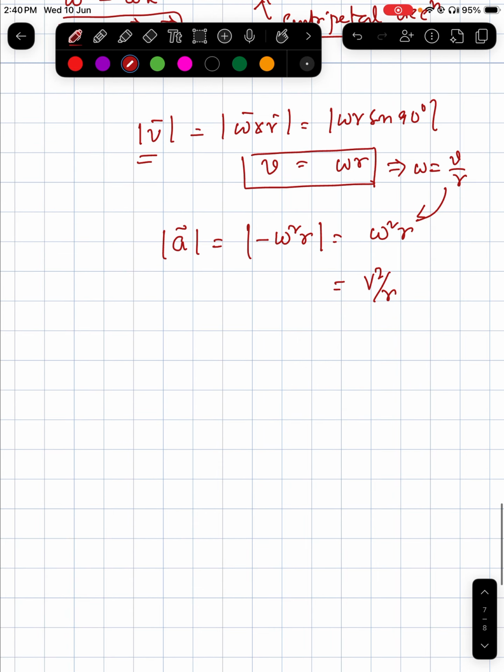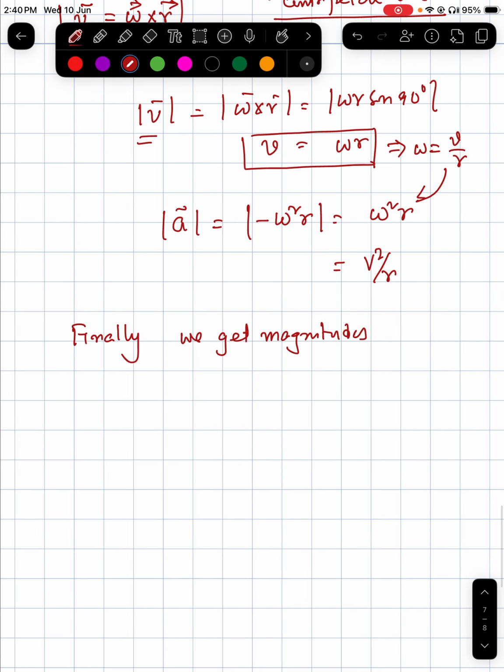So finally, we get all the magnitudes. First of all, the velocity is omega r, and the centripetal acceleration has a magnitude omega square r or v square by r.